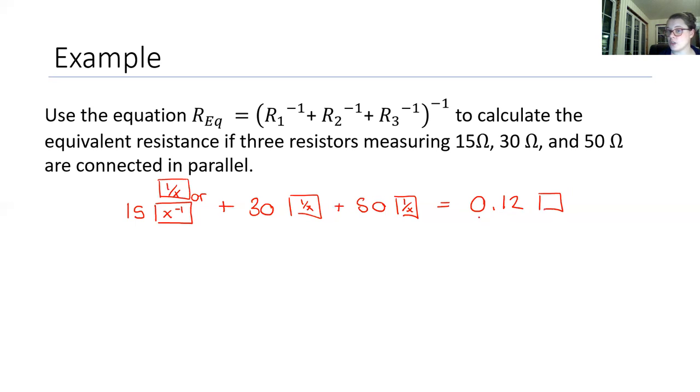So you get 0.12 on your calculator. Then you're going to press that 1 over x button again, or the shift 1 over x, and you will get a resistance that is equal to 8.33. Let me erase what I didn't mean to write there. You get 8.33 ohms.